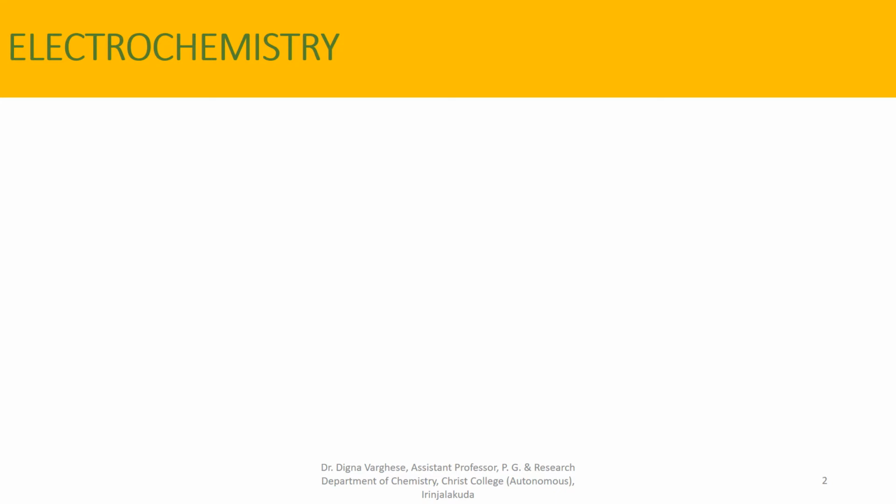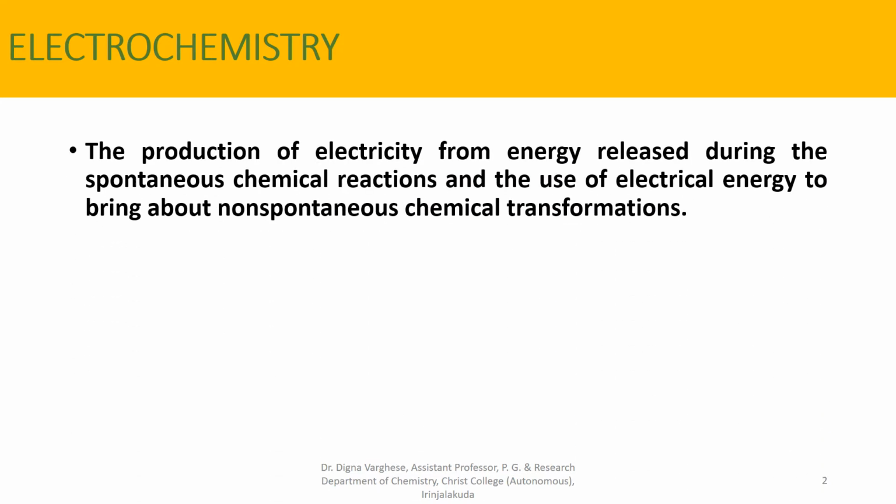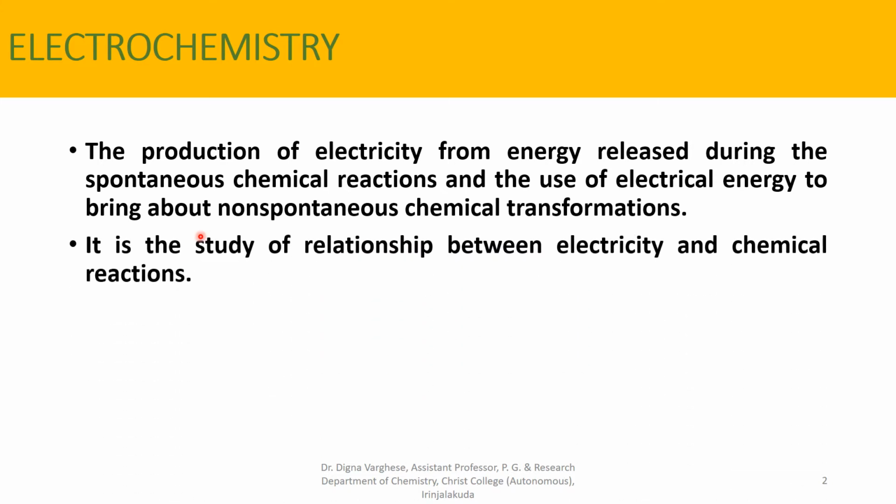Electrochemistry is the production of electricity from energy released during spontaneous chemical reactions, and the use of electrical energy to bring about non-spontaneous chemical transformation. So electrochemistry is the study of the relationship between electricity and chemical reactions.